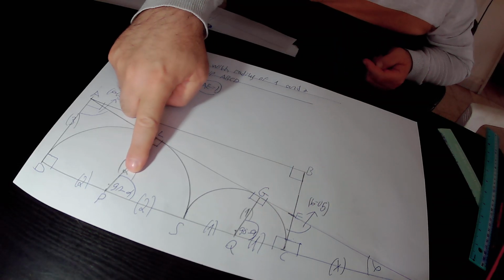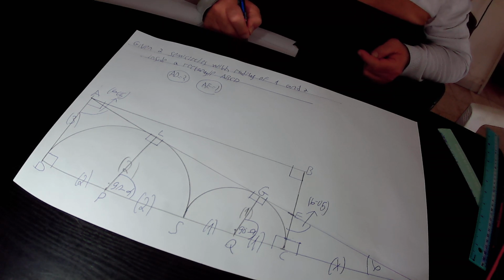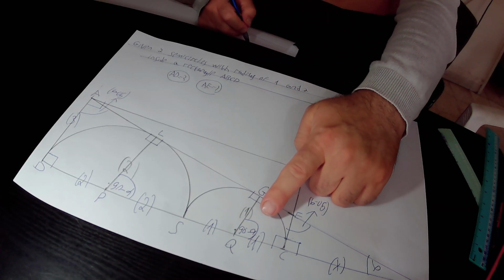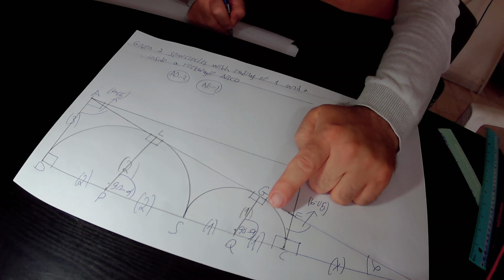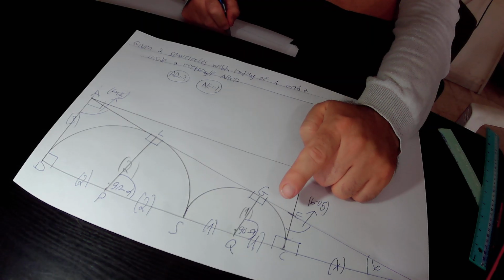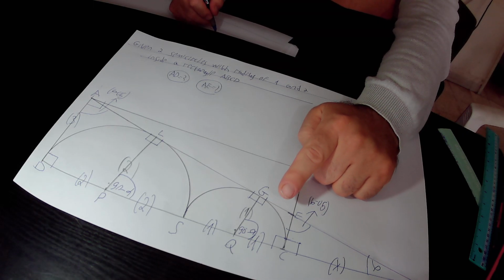So actually this is angle LPF in the big right triangle LPF, and it is equal to this angle, that is actually angle GQF, in the small right triangle GFQ.